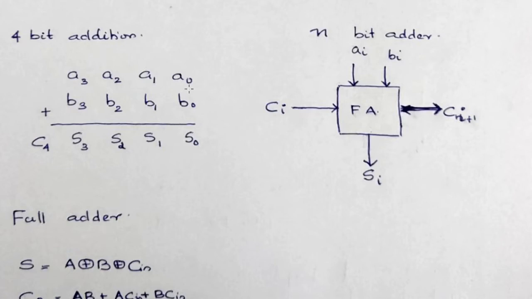We add the carry of the LSBs with the next bits, that is A1 plus B1, and the sum is given as S1 and the carry is given forward, and this cycle repeats, and that's how we get the answer as a sum and carry. This is what is displayed in this figure: we have two inputs and if there is a carry, that is also added and we get the sum and carry.